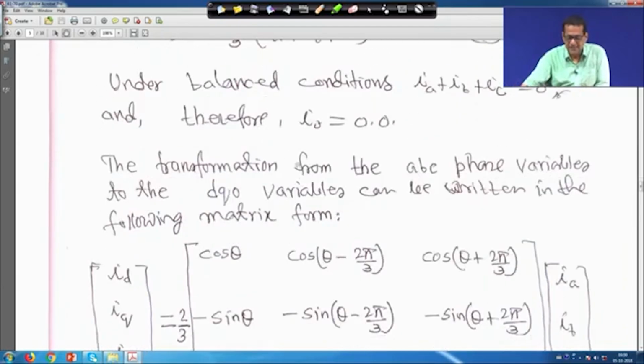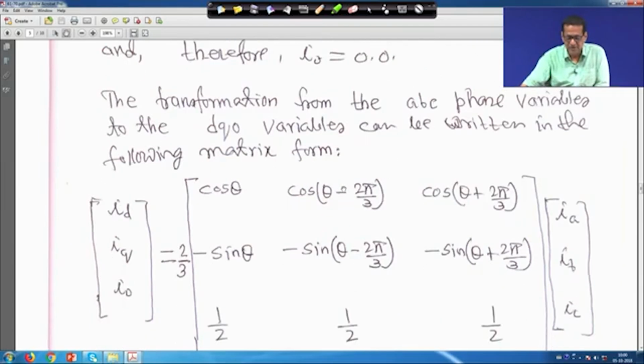Therefore, the transformation from the abc phase variables into the dq0 variables can be written in the following matrix form.